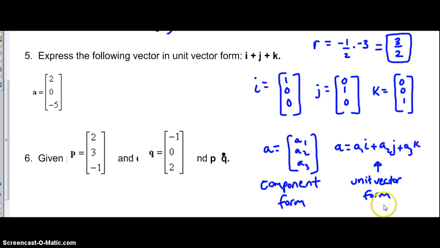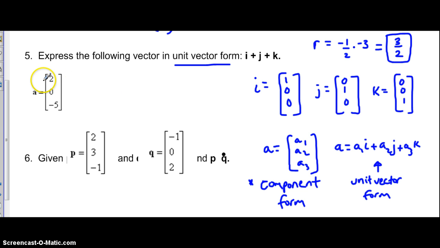And this is called unit vector form. So when you see that, that's what they're looking for. And when you see the word component, you're looking for the component form, what we've been using mostly up until now.